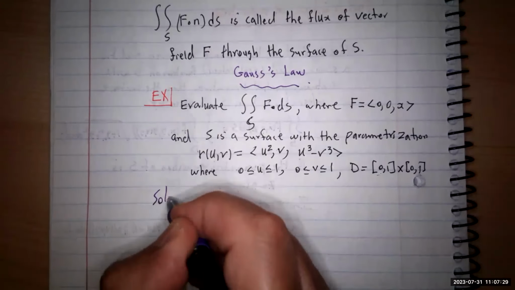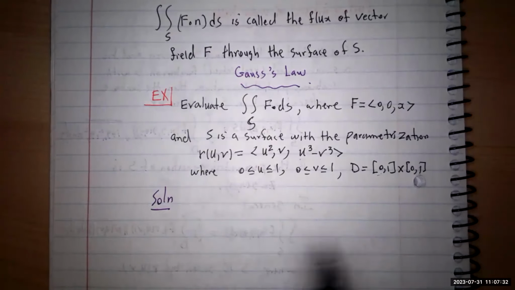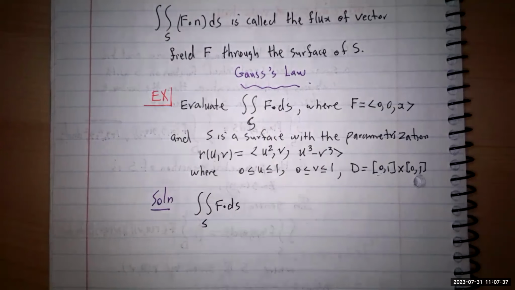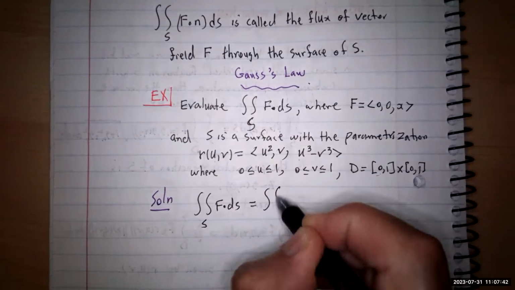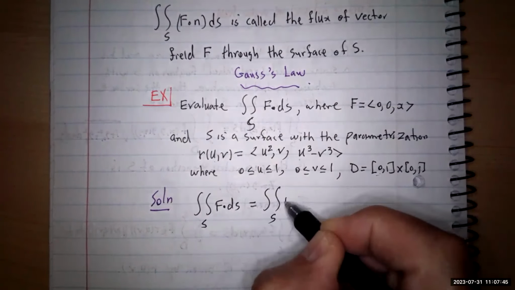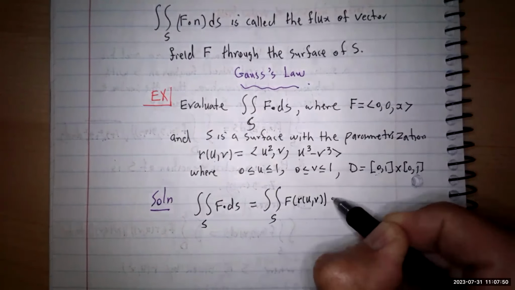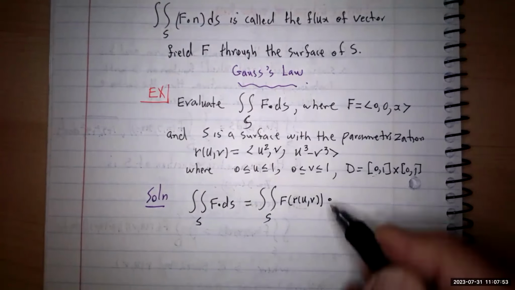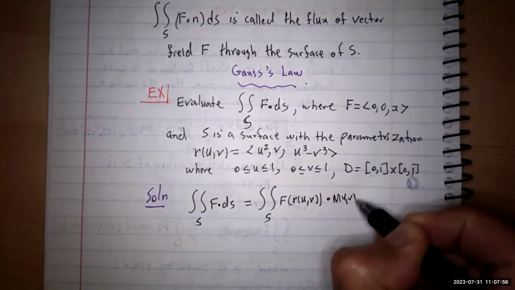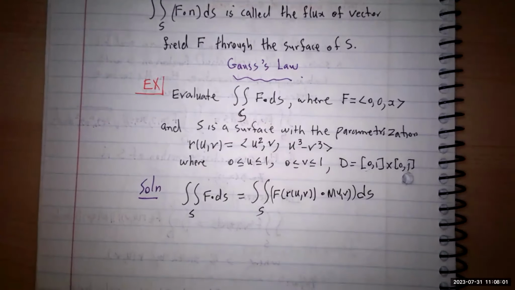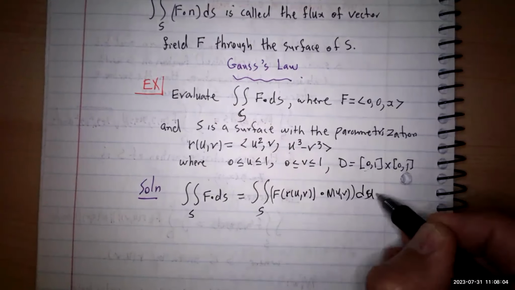Your formula is going to be the surface integral of the vector field, a double integral. So you have to find F of r of u, v, dot n of u, v, du dv.